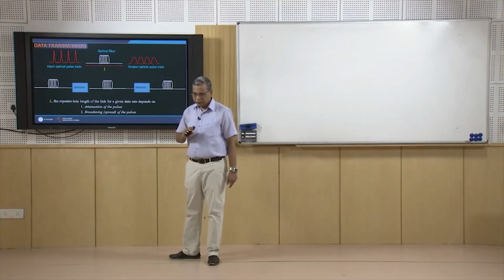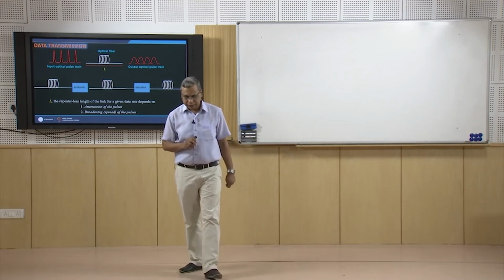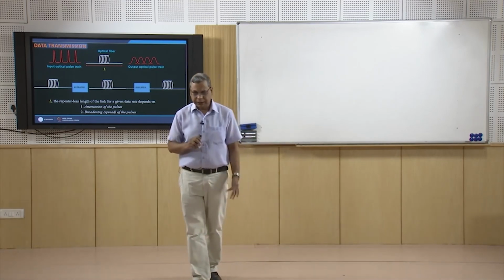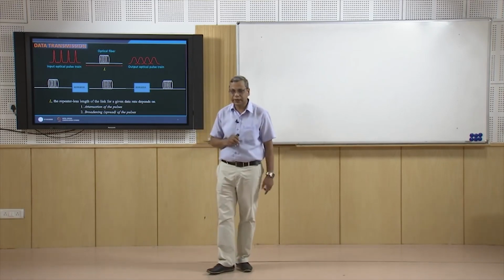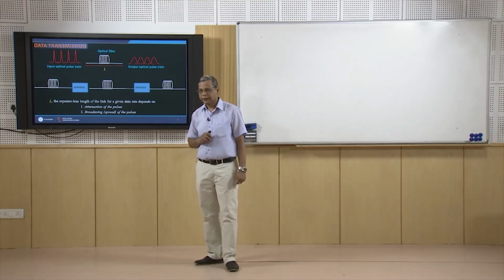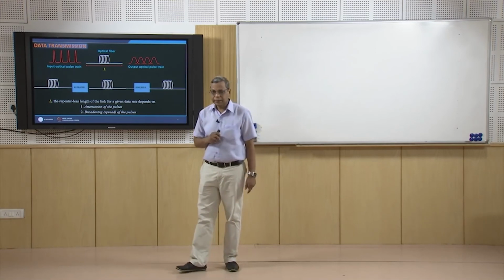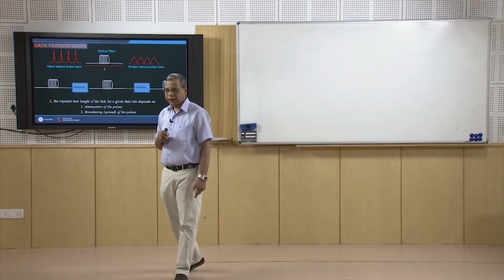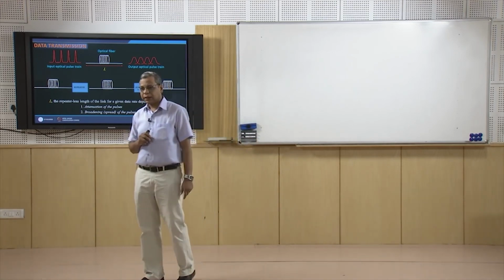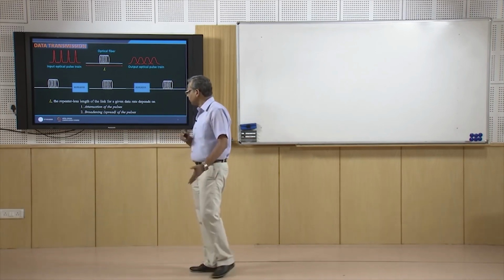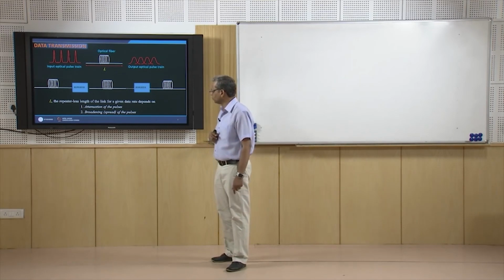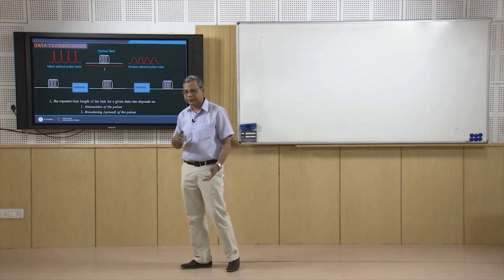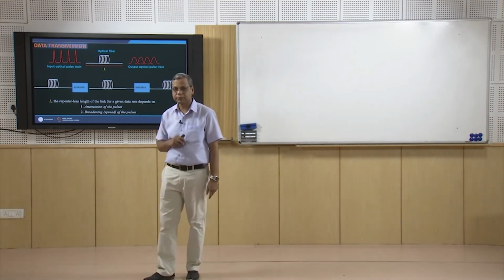Broadening of the pulse we had already seen in the last lecture, where light is coupled into various ray paths and these ray paths take different times to reach the output end of the fiber, and this causes what is known as intermodal dispersion.